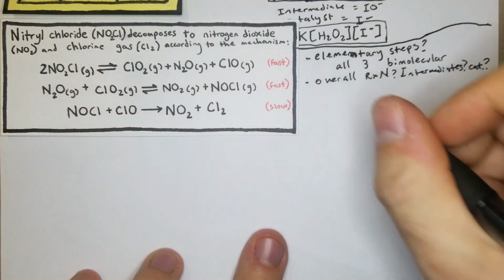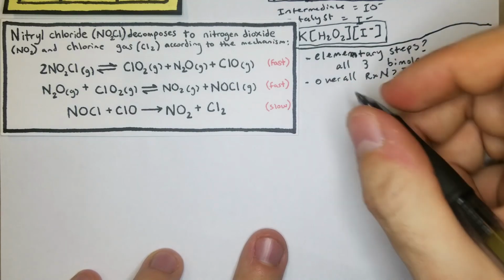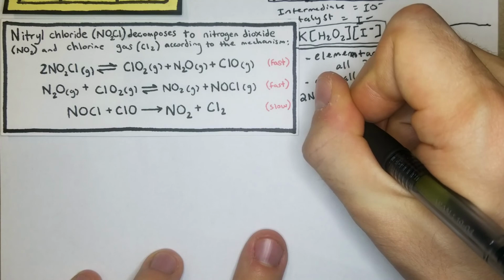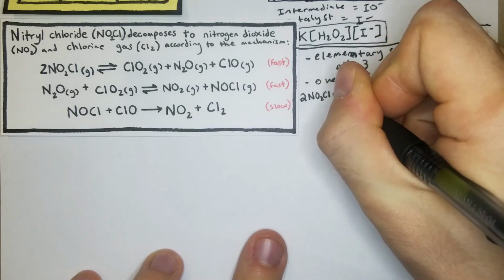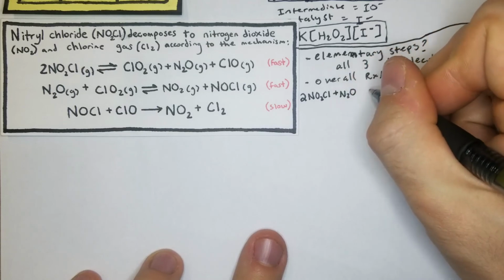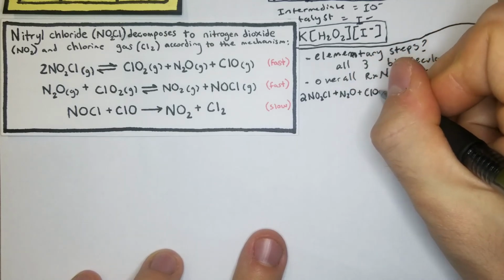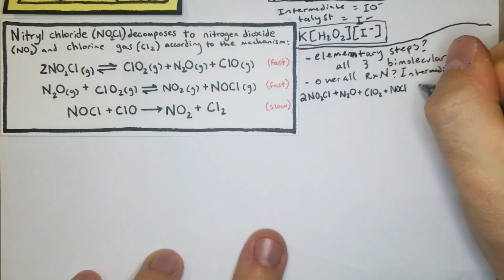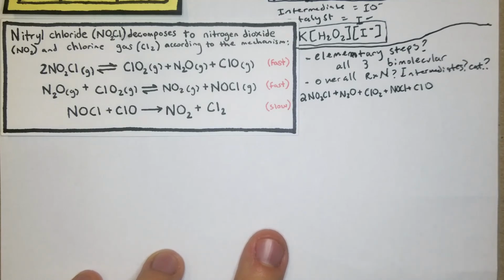So we got, hopefully I can fit it all over here, 2 NO2Cl plus N2O plus ClO2 plus NOCl plus ClO.